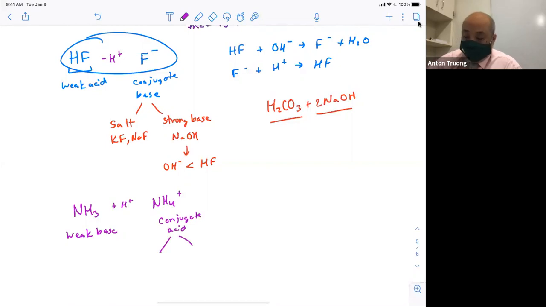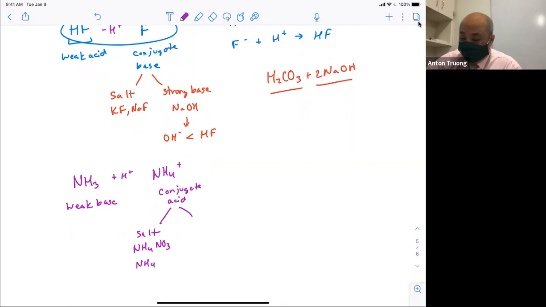And you can make that one of two ways. You could add a salt that has NH4 in it already, like NH4NO3 or like NH4Cl. Or you can add a strong acid like HCl to generate some of that NH4 plus.